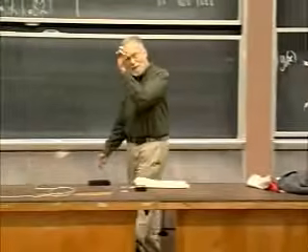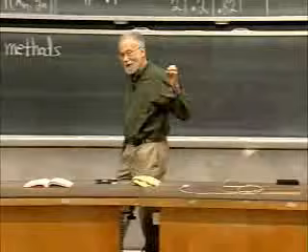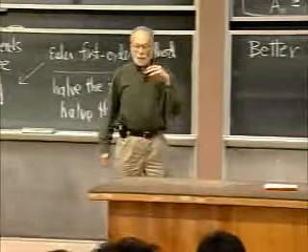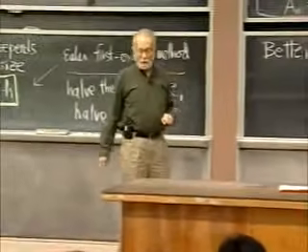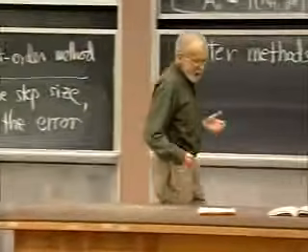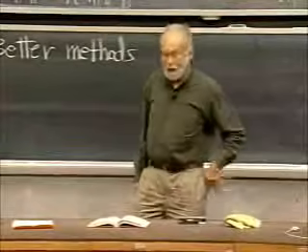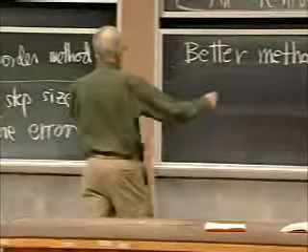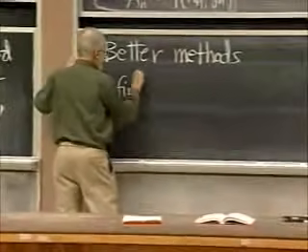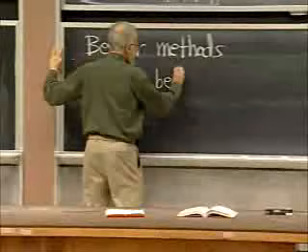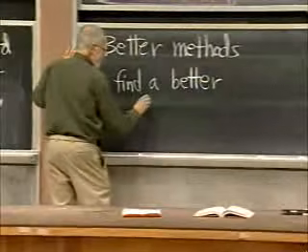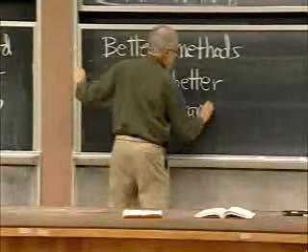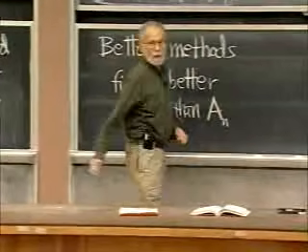In other words, we're looking for a shortcut path, which by good luck will end us up back on the curve again. And all the simple improvements on Euler's method, which are the most stable ways to solve differential equations numerically, aim at finding a better slope. They find a better value than a_n. Try to improve that slope that you found.